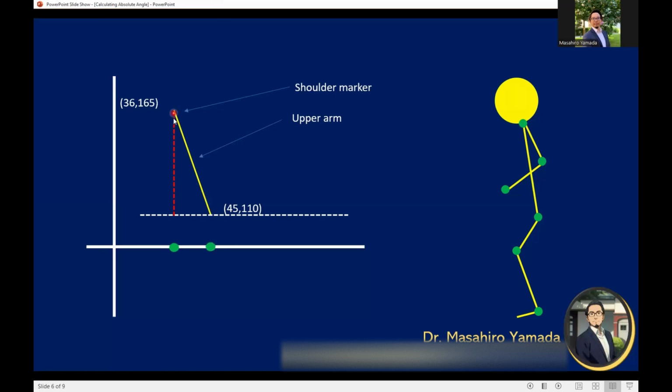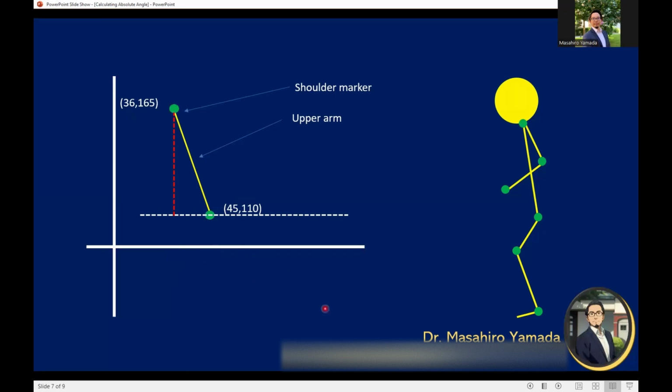The length between these two data points, the shoulder and elbow markers, is exactly the same as the length of this side of the right triangle. So what you need to do is just obtain the difference between the x coordinates of the two joint markers, which in this case is 9.